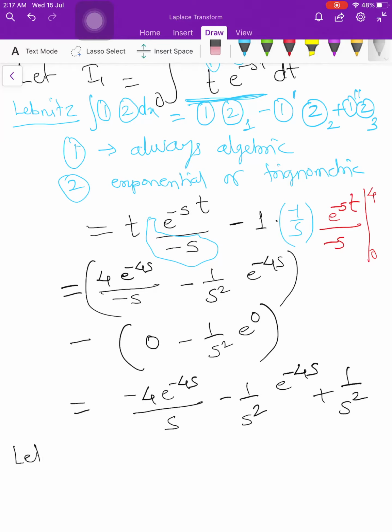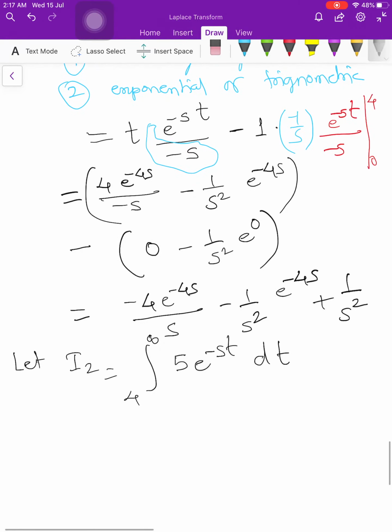So let I2 be equal to the integration from 4 to infinity of 5 into e raised to minus st dt. So we'll solve it. Now 5 is constant, it will come out of the integration. So here we'll have 4 to infinity, and this e raised to minus st will remain as it is, dt.